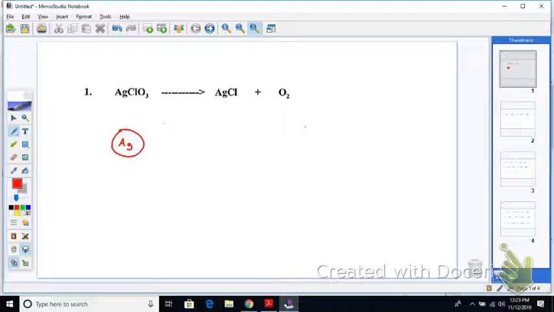Then I'm going to put another one around at Cl, and then I'm going to put 3 O's around. So that's AgClO3. It doesn't really matter how you put it in there, just to represent. That's the Cl part. I better make that a little bit more evident.